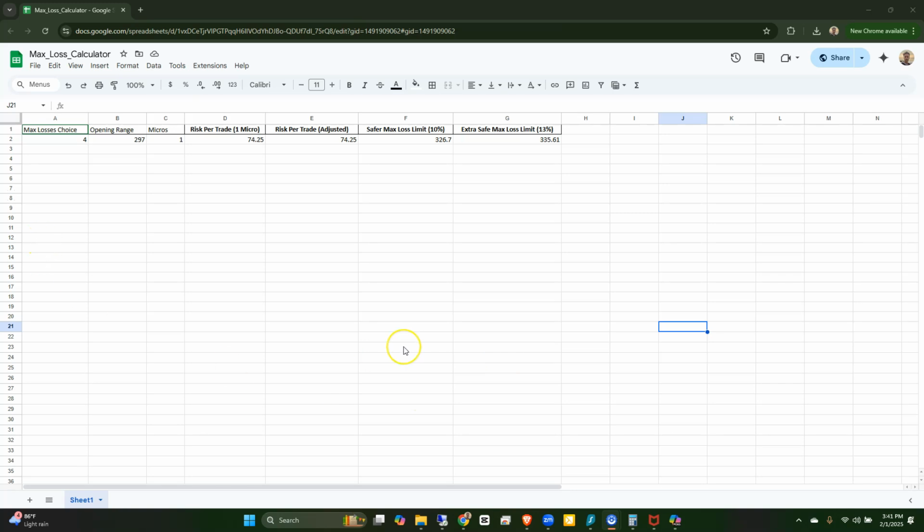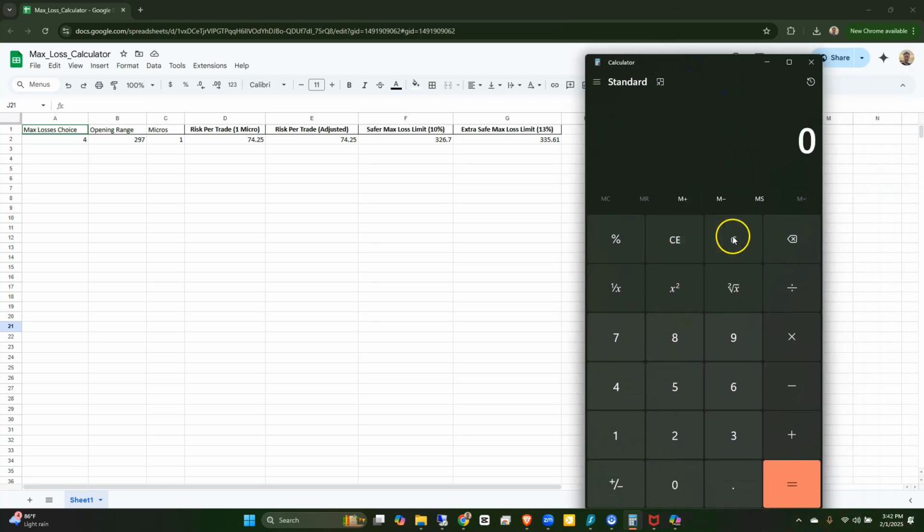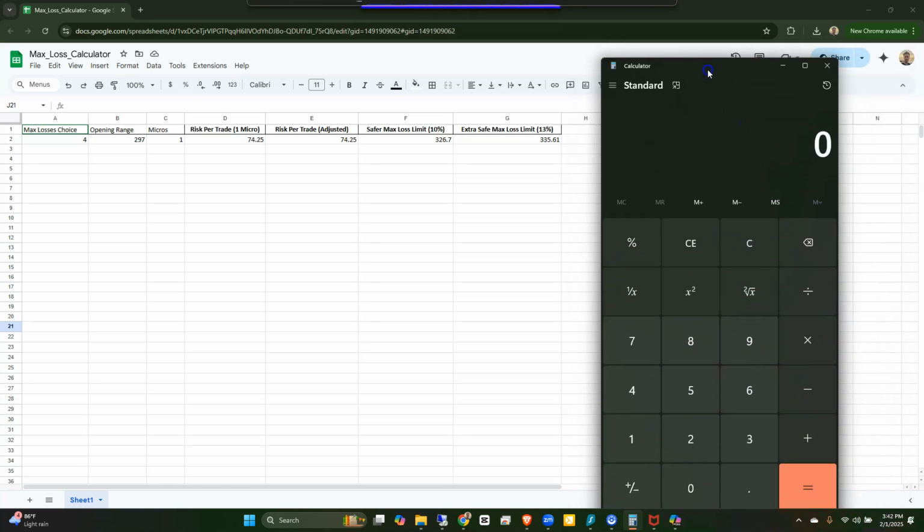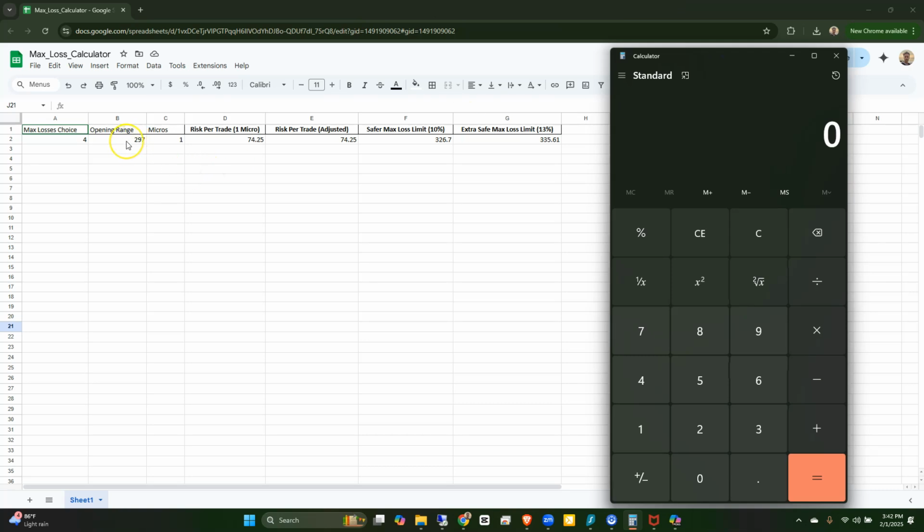I'll explain what happened for me yesterday. I had my max losses set to 4 in ORS, and if we get the calculator out, with the spreadsheet as well, our opening range was 297 ticks, and I chose to use 1 micro.